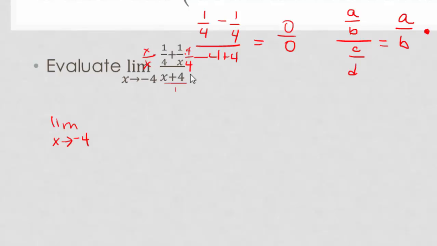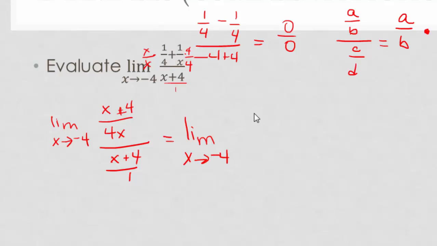This will give you 4x in both denominators. So you get x over 4x plus 4 over 4x. In other words, you get x plus 4 over 4x, over x plus 4, technically over 1. Now we have one fraction on top and one fraction on the bottom.